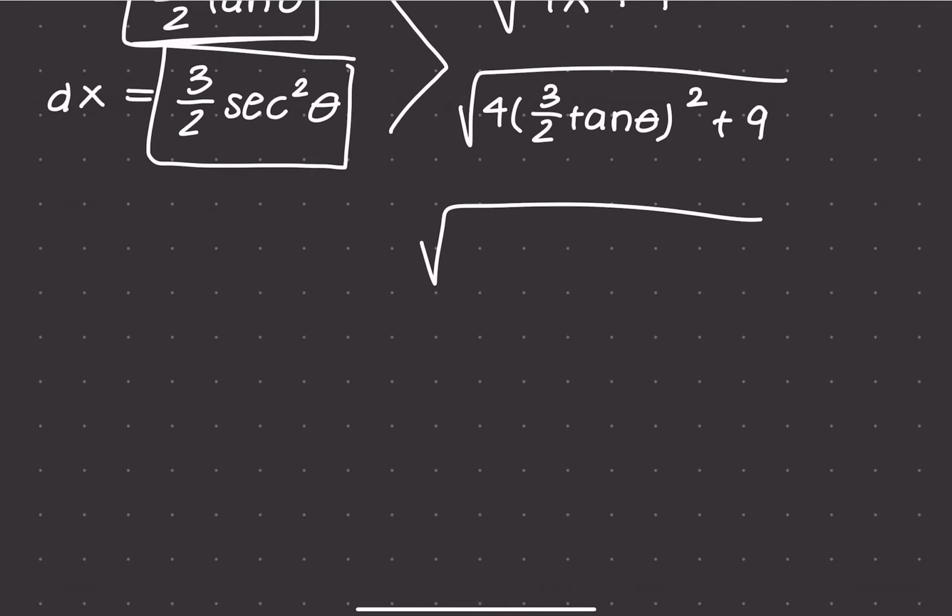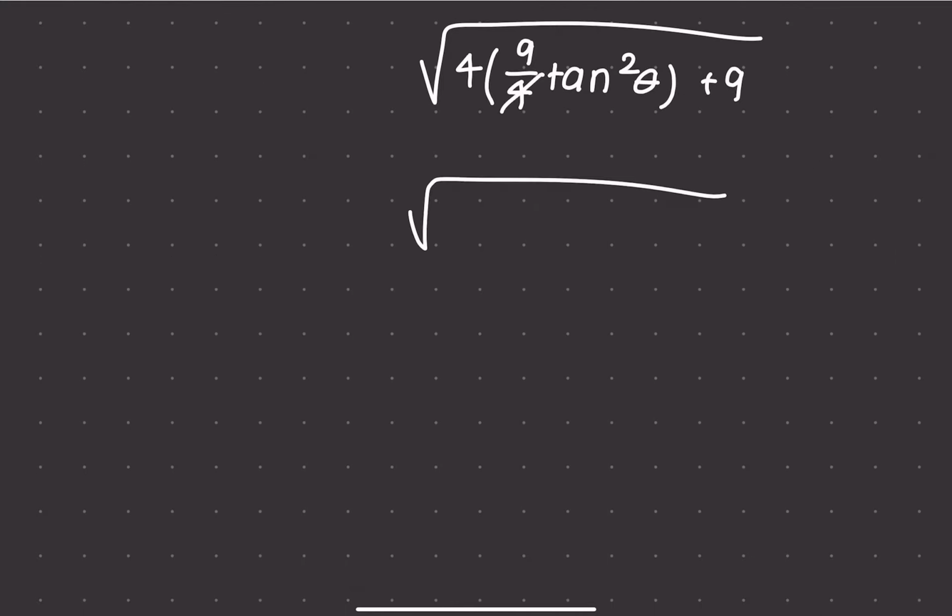So we can rewrite that as 4 times 9 over 4 tan squared theta plus 9. We can simplify this by crossing out the 4, giving us 9 times tan squared theta plus 9.